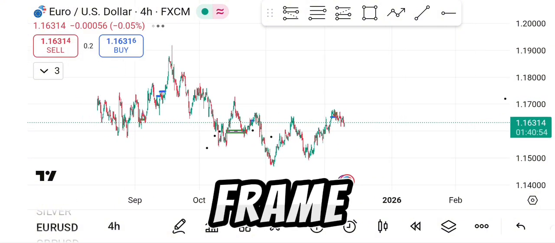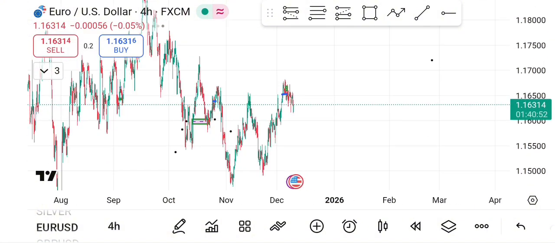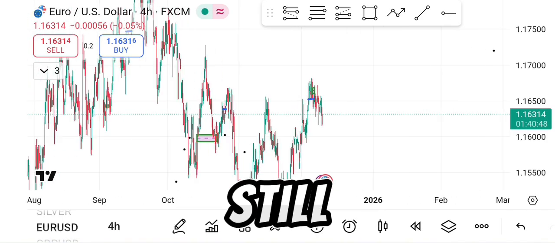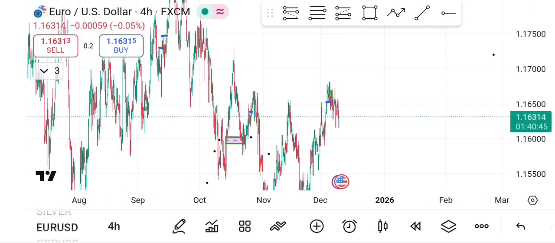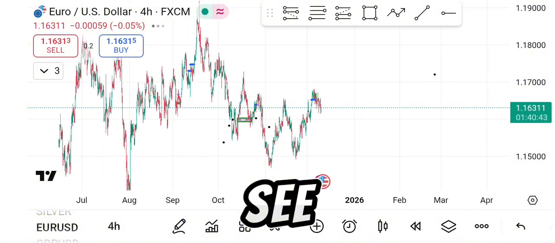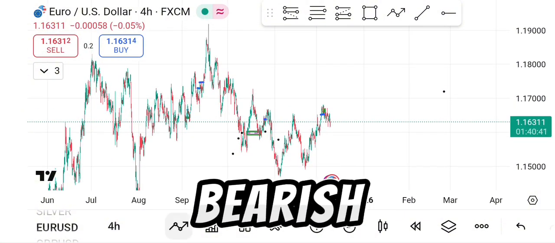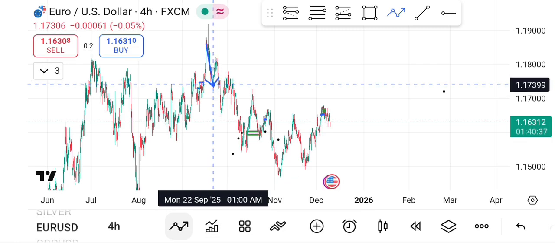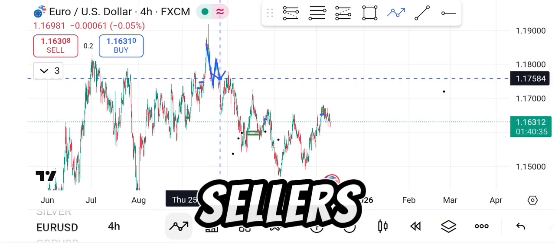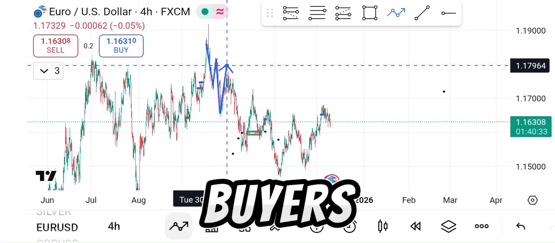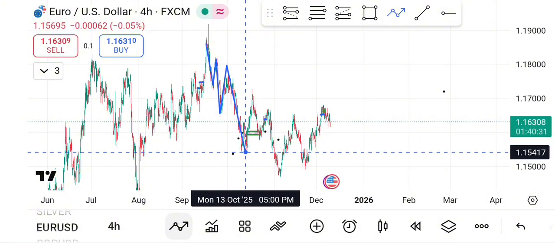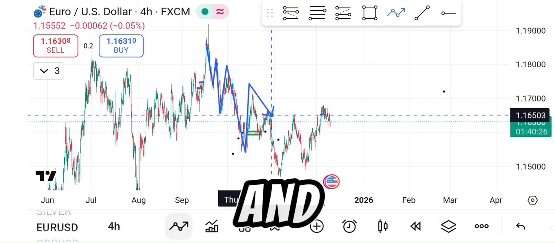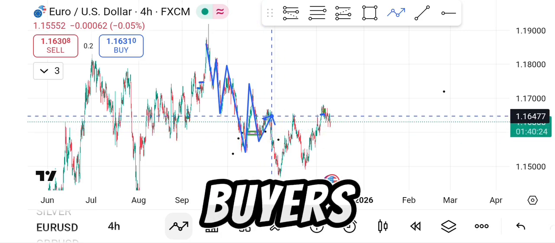On the 4-hour time frame here, as you can see, we are obviously still bearish, because if you check this out, sellers, buyers, sellers, buyers, sellers, buyers, sellers, and still buyers.